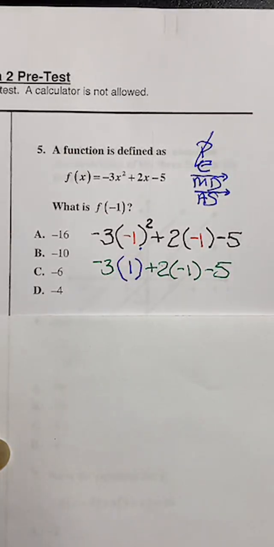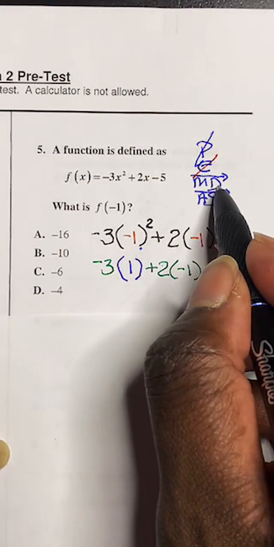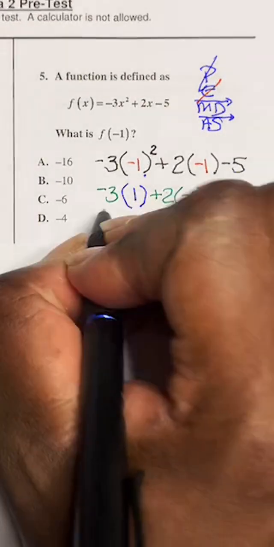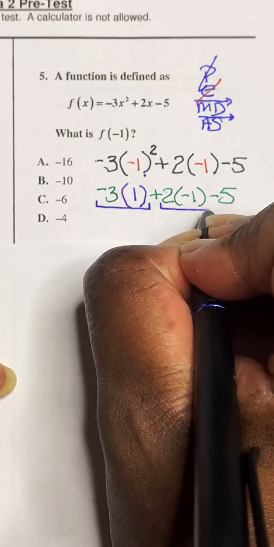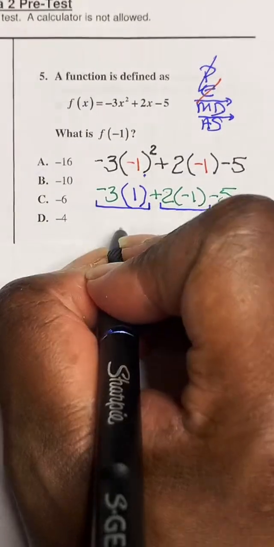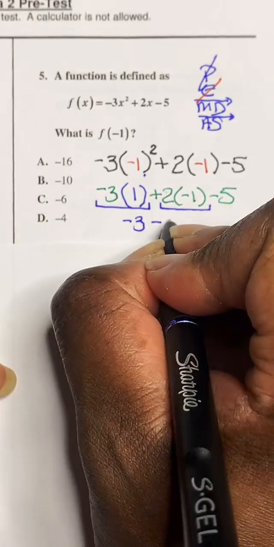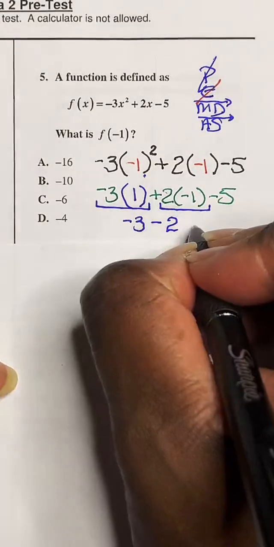So now we took care of the exponents. Boom, that's done. Now we need multiplication or division from left to right. We are lucky enough that we have -3 times 1 as well as 2 times -1. So this gives us a -3 plus a -2. Then we just simply bring down our -5.